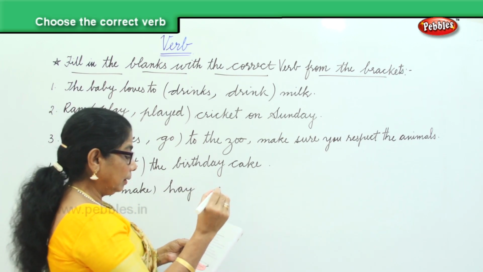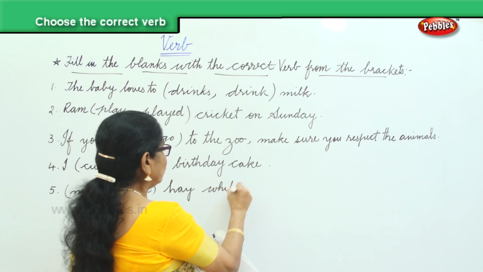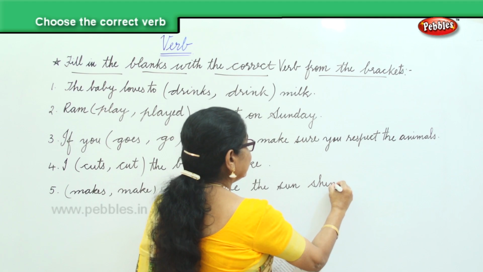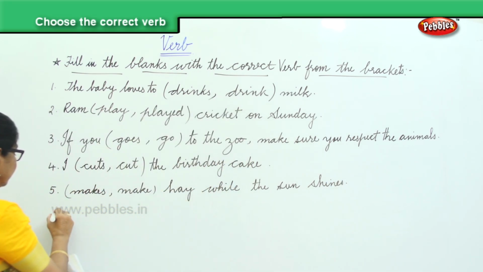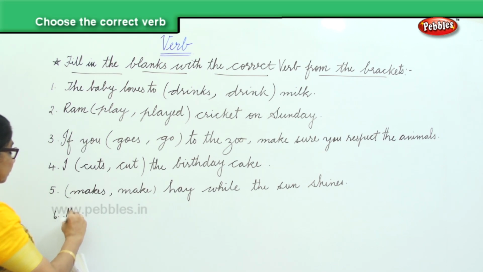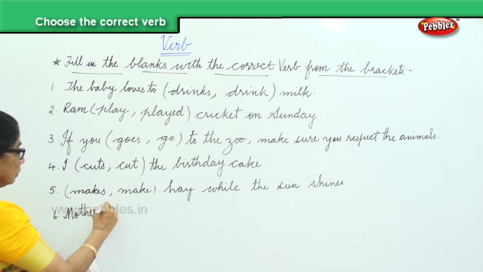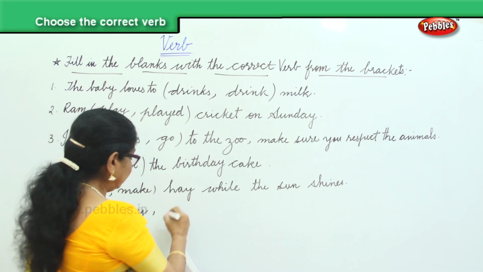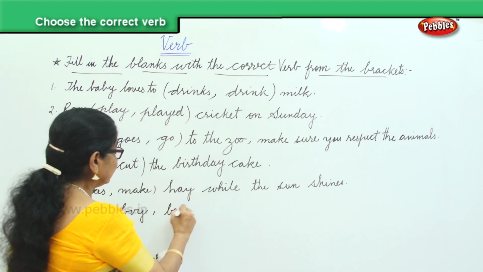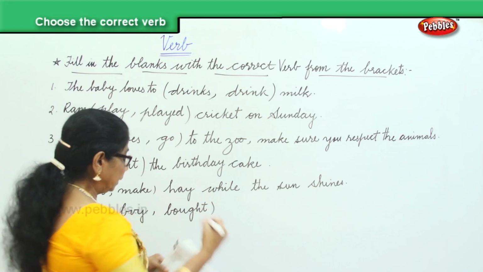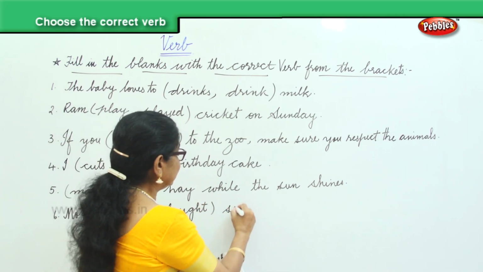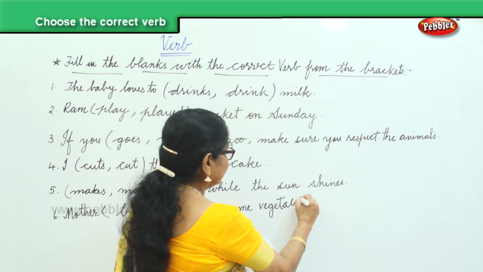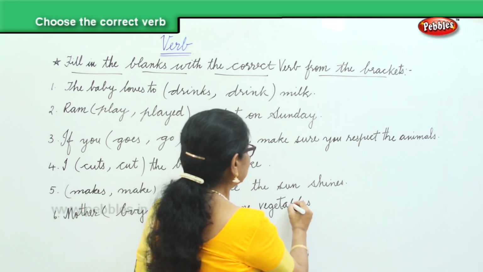While the sun shines. Sixth one, mother buy some vegetables and fruits.